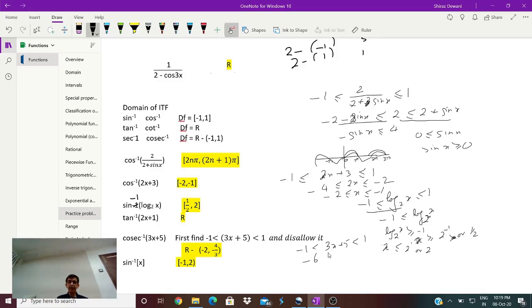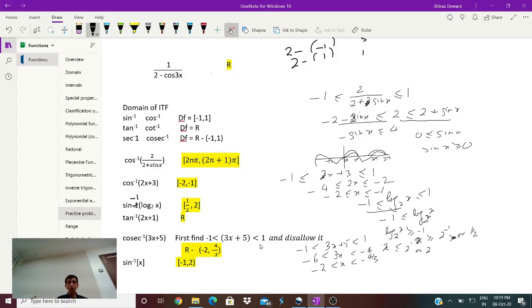So minus 6 less than 3x less than minus 4. And then you divide both the sides by 3. So this will become minus 2 less than x less than minus 4 upon 3. So x lies anywhere from minus 2 to minus 4 by 3.